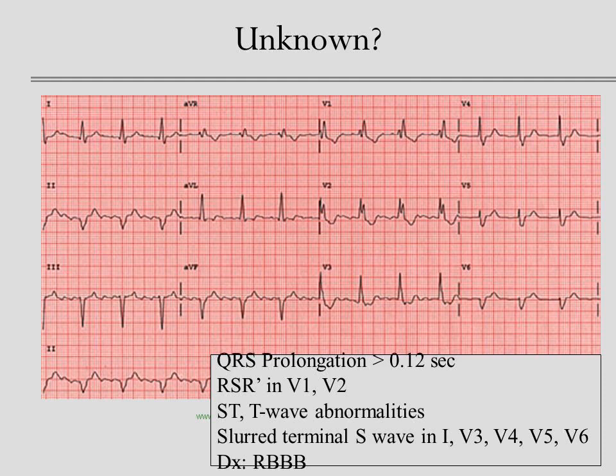RSR in V1, V2. ST-T wave abnormalities. Slurred terminal S wave in I, V3, V4, V5, V6. Diagnosis: RBBB.